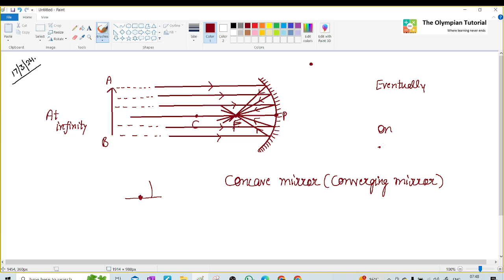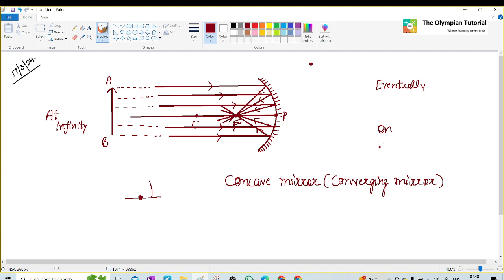This point is the focus of the concave mirror.